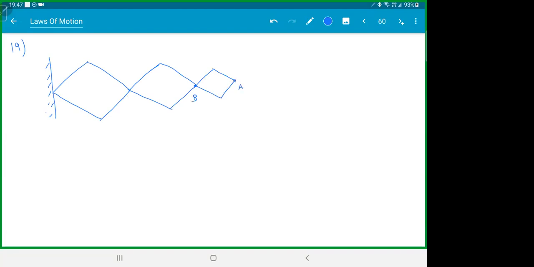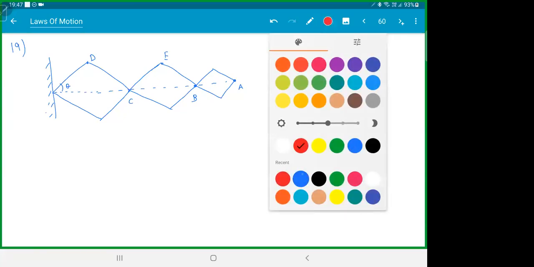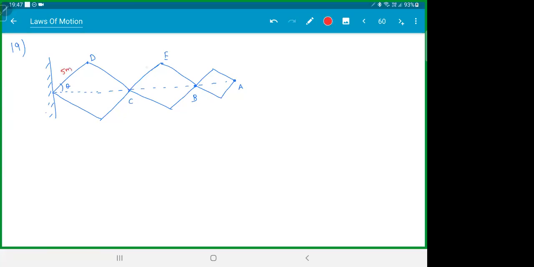A, B, C, D, and E. This is theta. This length is 5 meters. This length is 3 meters. This length is 2 meters.